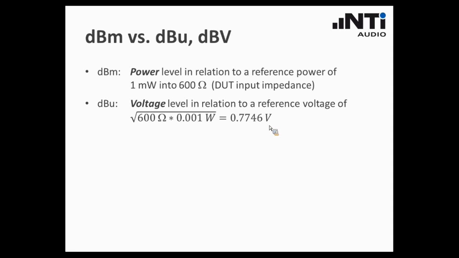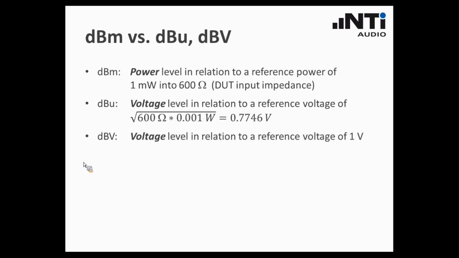That is our reference voltage. The good thing about this definition is that dBu and dBm are somehow equivalent. In the ideal setup with the 600 ohm, they are absolutely identical. So if you operate your instrument with dBu, you have almost the same situation as if you would use an old instrument that has the dBm unit.